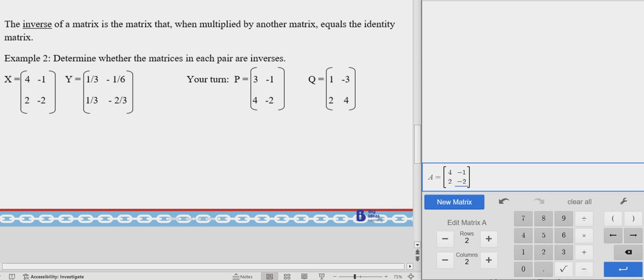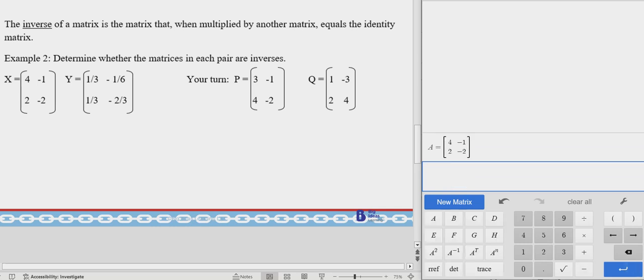I confirm that everything matches. I could, at this point, just have the calculator tell me what is the inverse of A and then match it up to our other matrix in our example.